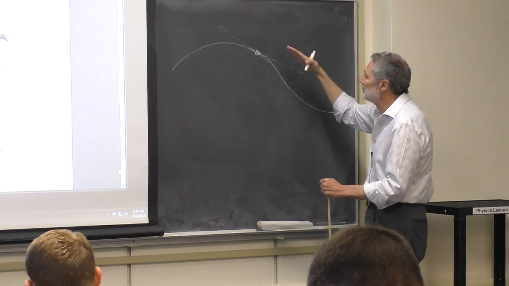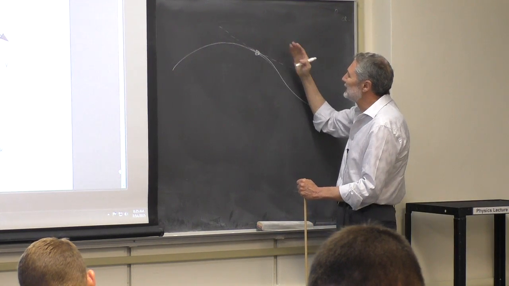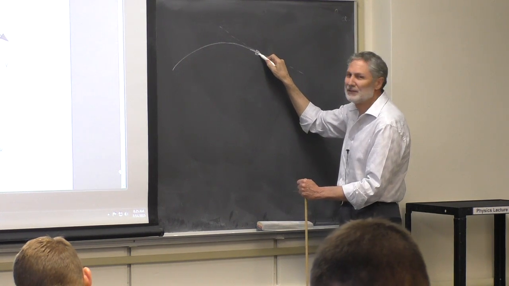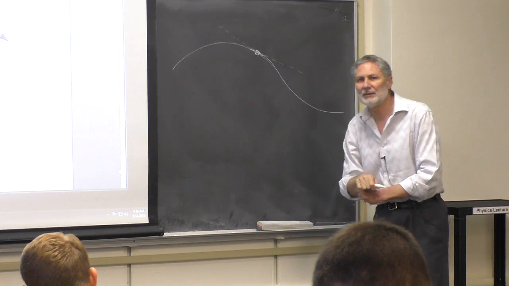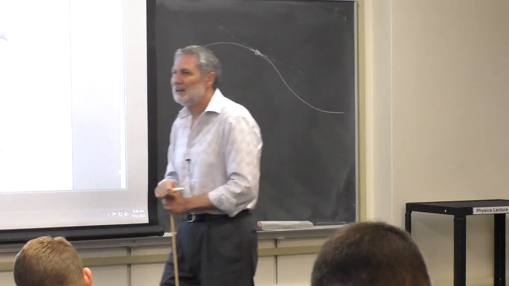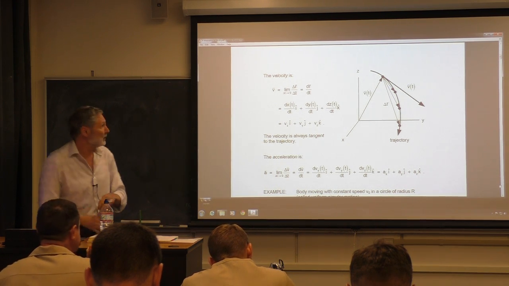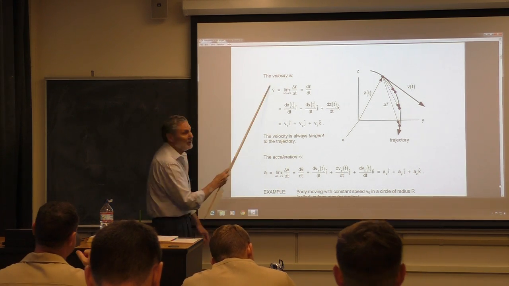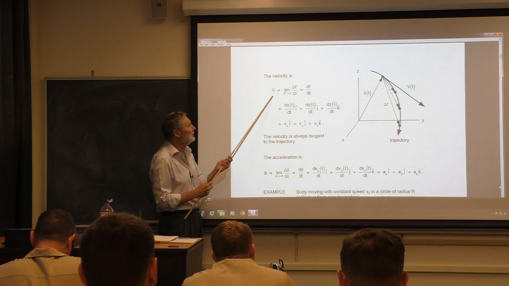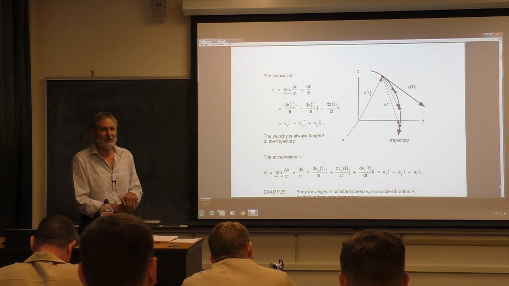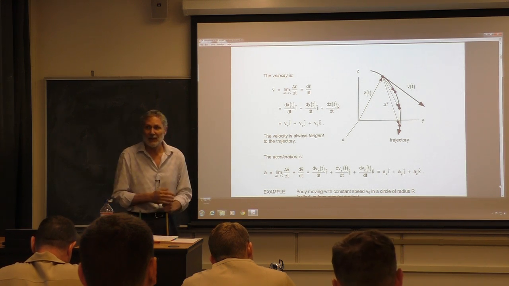I don't know how to describe it, but it has the same slope as the curve at this point. That's the tangent to the curve. So, the limit as delta t goes to 0 of delta r over delta t, we're going to define that to be the velocity, just like we did in one dimension. We're just extending it to 3 dimensions. So the velocity is tangent to the trajectory. The velocity is always tangent.